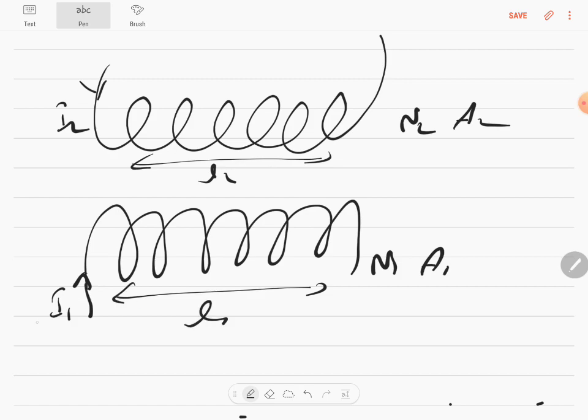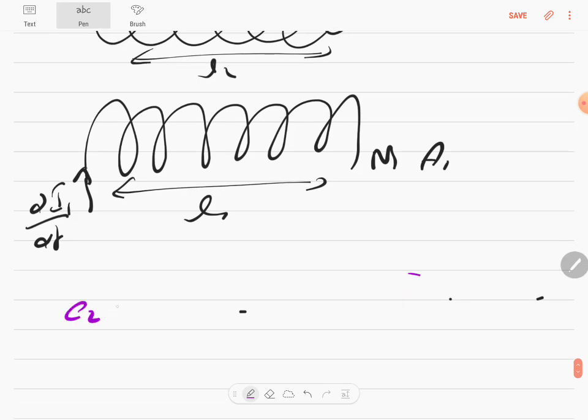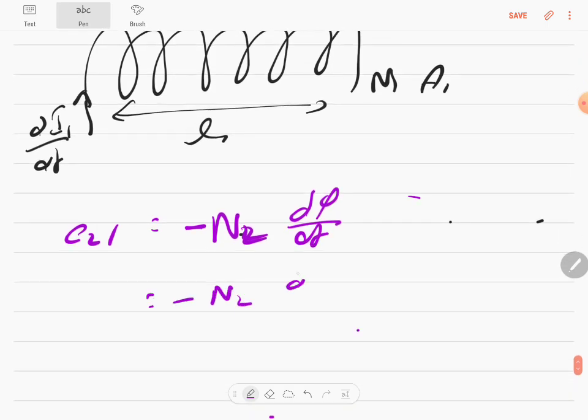Due to the varying current in the first coil, dI1/dt, there will be a magnetic field B1 in the second coil. Clear? There will be a magnetic field B1 which will induce an EMF E2. The EMF induced in the second coil due to the first coil is, by Faraday's law, minus n, where n is N2, the coil that is affected, into dφ/dt, which is minus N2 into d/dt of B1 dot A2.